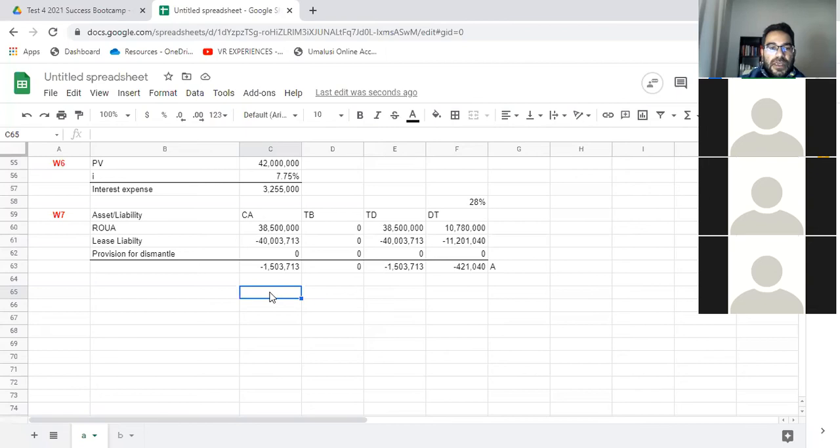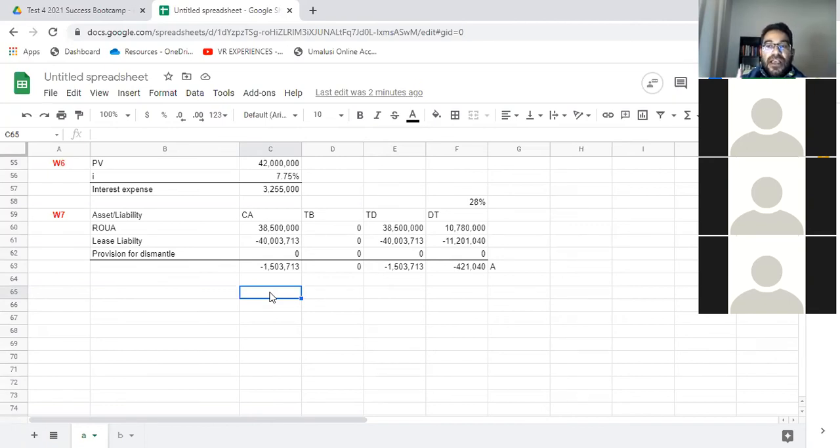And from a lessor point of view? That's a different story. For the lessor, it depends how the lessor accounts for its lease, whether it's an operating lease or a finance lease. If the lessor has a finance lease, then they would have a gross investment in lease. SARS would have nothing, and they would have an unearned finance income.